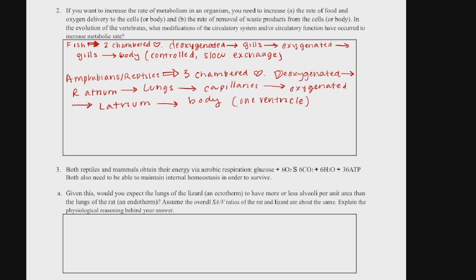The last one is birds and mammals. So birds/mammals. We have 2 atria, 2 ventricles, so a 4-chambered heart. 4 chambers.